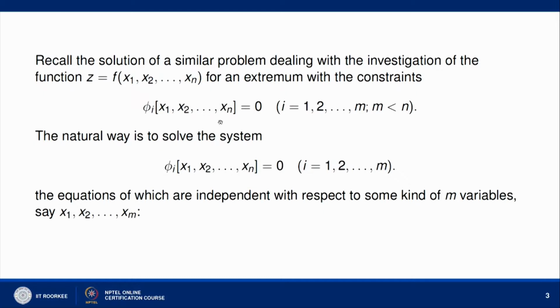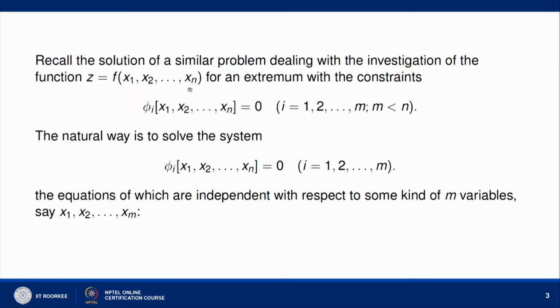This is the simple problem posed in calculus. To find the extremum of this problem, we look at this system of constraints and try to solve it in terms of x1 to xm, and put those values of x1 to xm into the function z equal to f of x1 to xn.